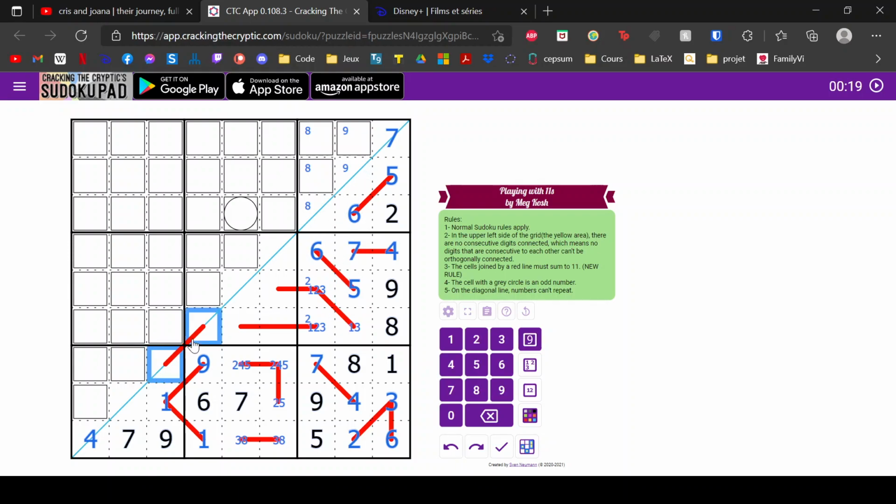Which sum is that? Okay, it's not 9, 2. It's not 3, 8. It's not 4, 7 because of the diagonal. So it's a 5, 6. That is not a 6. So that's a 5. That's the 6.